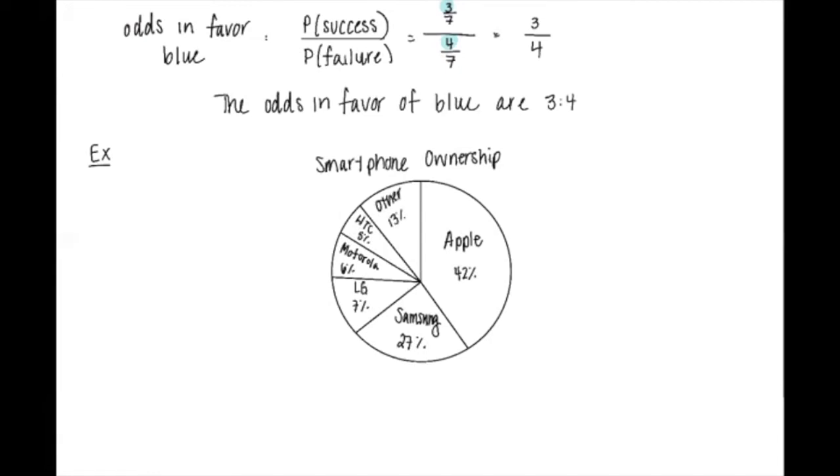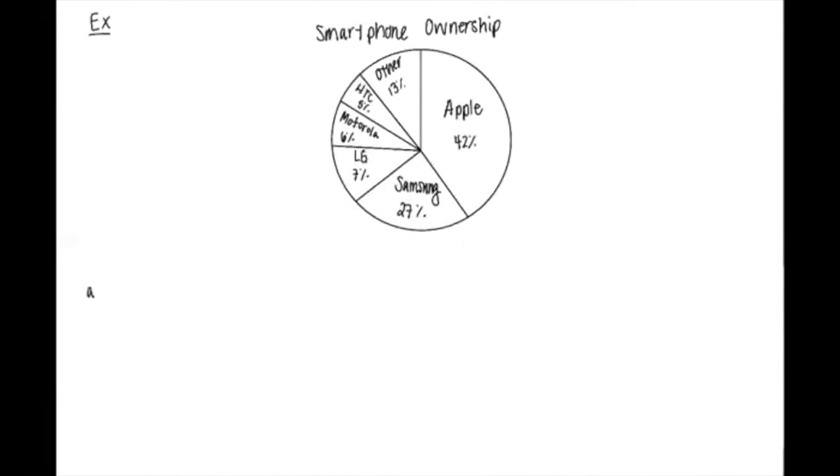Okay. So based off of all these percentages or probabilities, the first thing we want to do is determine the odds against the individual owning a Samsung phone.